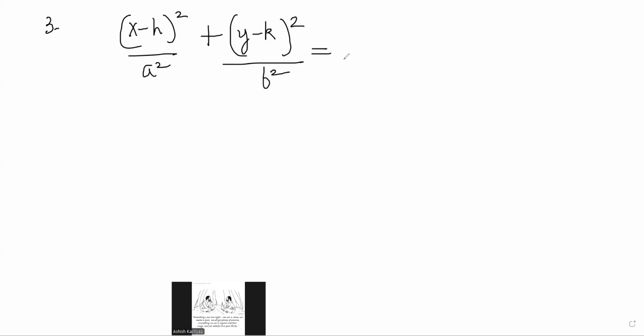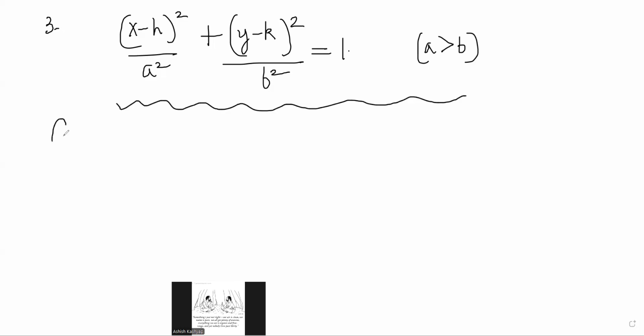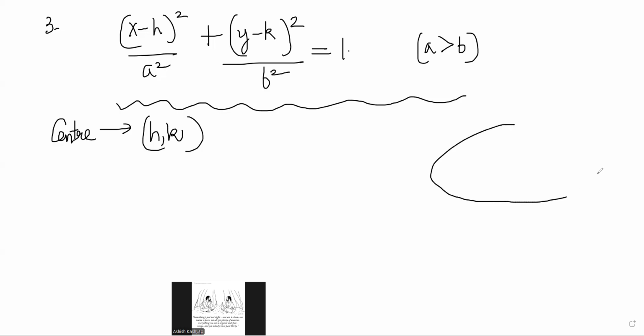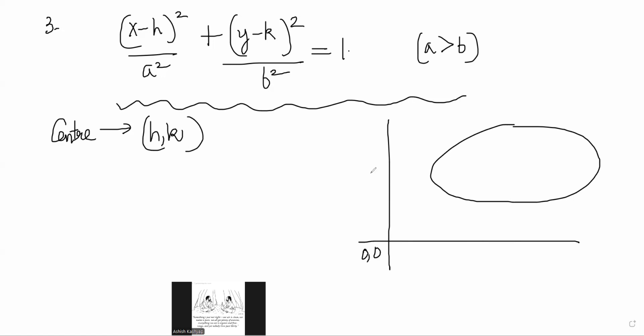This is also an ellipse equation. Here, let's assume a is greater than b. Everything is the same here except the center of the ellipse has been shifted to h comma k. And because the center has been shifted, all the things in this ellipse will be slightly shifted. So let's understand what is happening. The center has gone from 0, 0 to h comma k. So my focus is also not going to be ae comma 0.